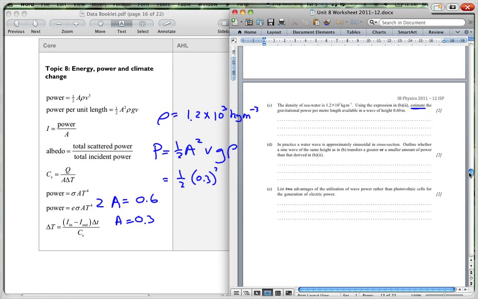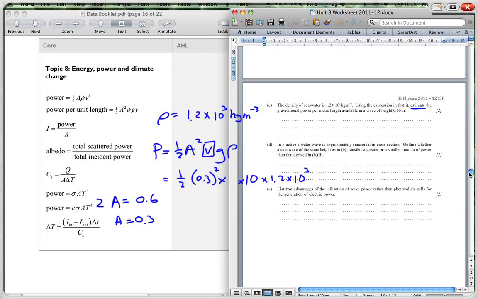0.3 squared. Now I don't know anything about the velocity of my wave, but I do know my g, and because this is an estimate I can use 10, and I know my rho is equal to 1.2 times 10 to the 3. But I don't know what v is. Now I need to estimate it, so I need to take a guess at what it is.